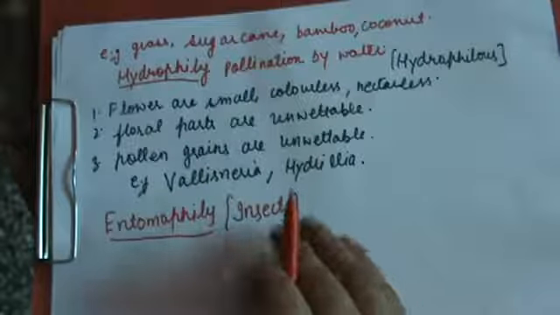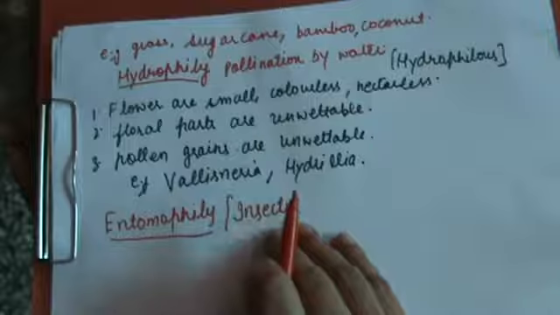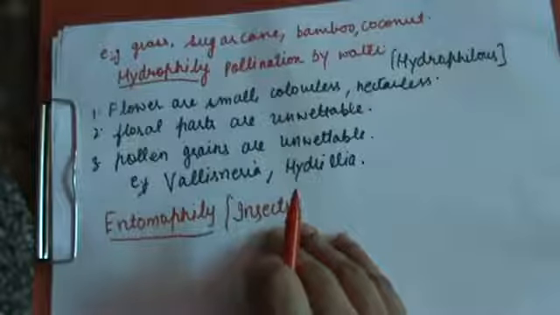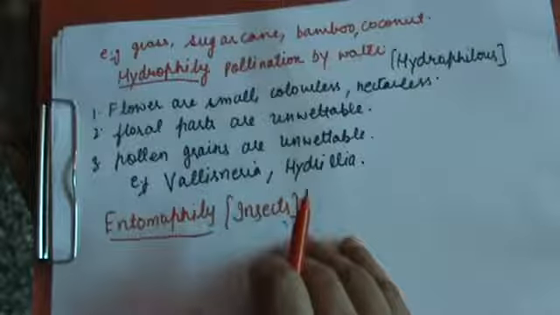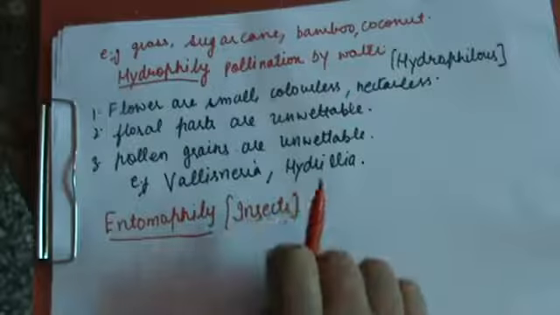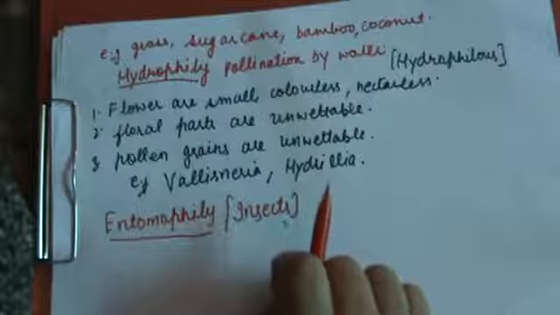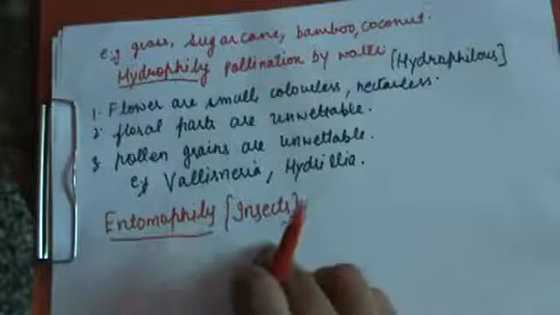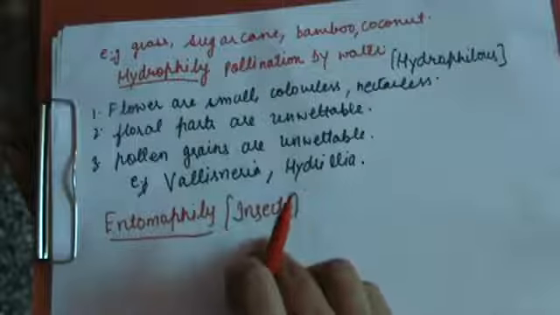Entomophily is the mode of pollination or transfer of pollen grains from anther to the stigma through the agency of insects. ठीक है जी. Which insects? Moths, flies, butterflies, bees, beetles.